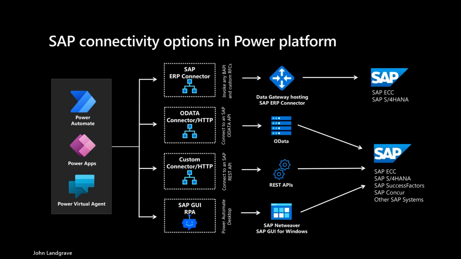Now, over time, our plan is to take the data gateway code and move that into our connector infrastructure. The reason we're doing that is that then you will be able to make a direct but private connection from our cloud directly into your SAP instance and not have to go through this gateway.